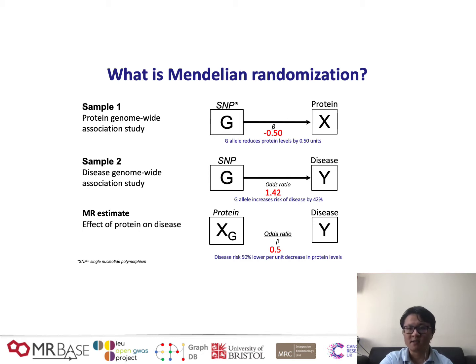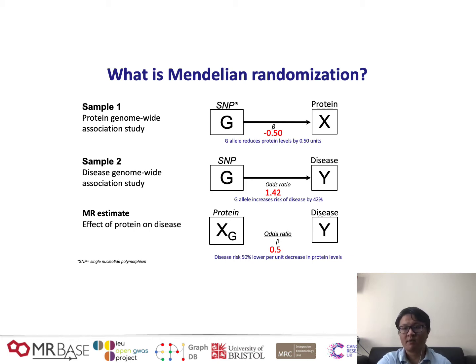A GWAS, or genome-wide association study, measures the association between hundreds of thousands to millions of SNPs across the genome with a trait of interest, typically in very large sample collections. Thousands of such studies have been published in the past 10 years.